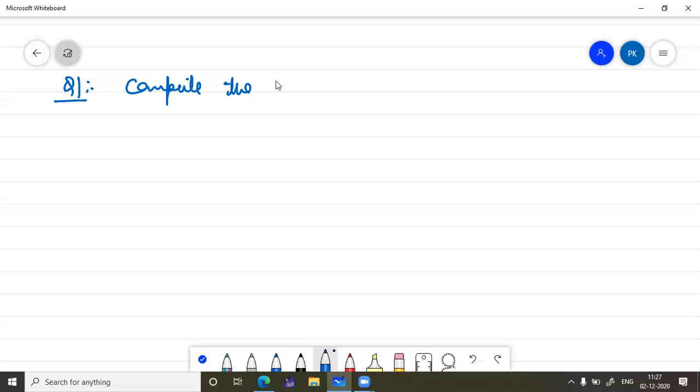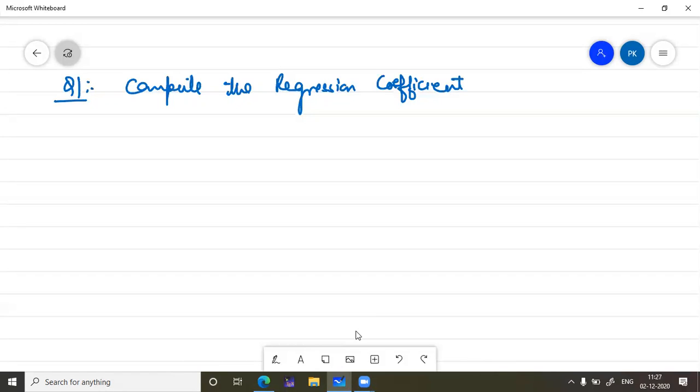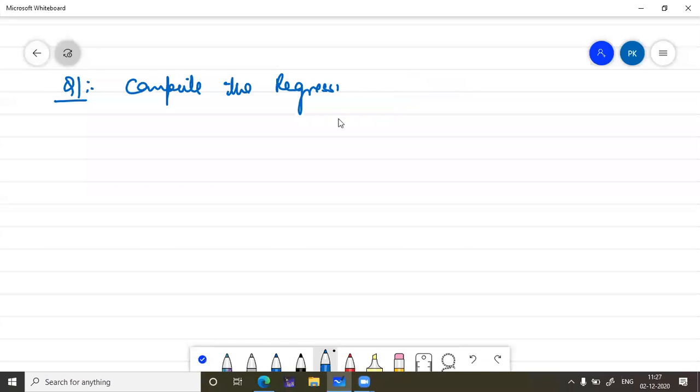Compute the regression... not coefficient, compute the regression equation of x on y and y on x from the following data.